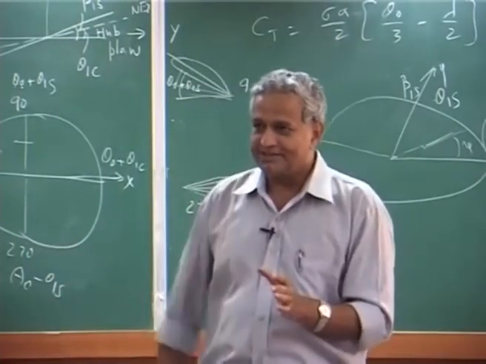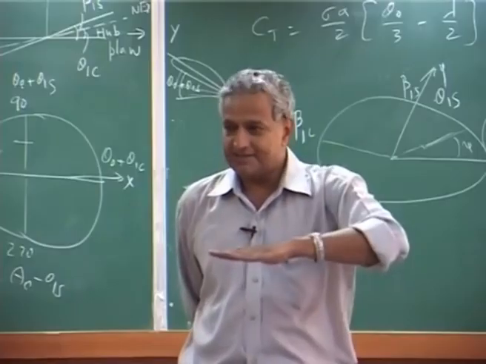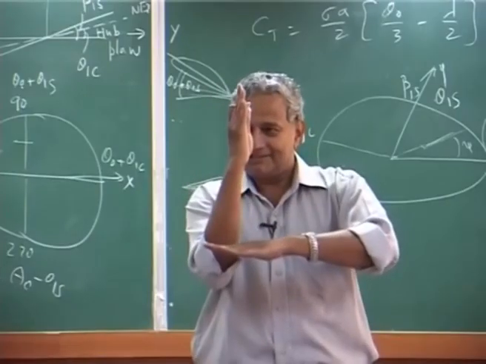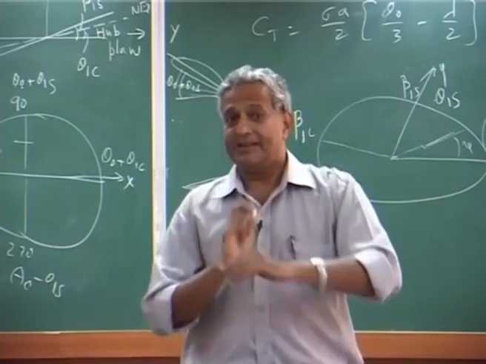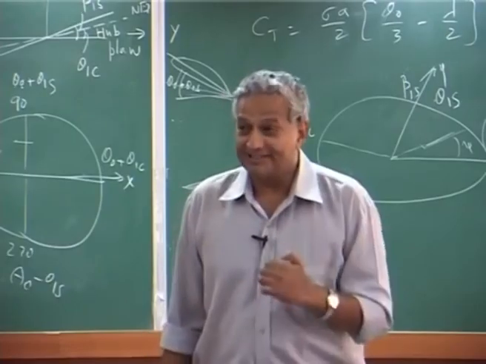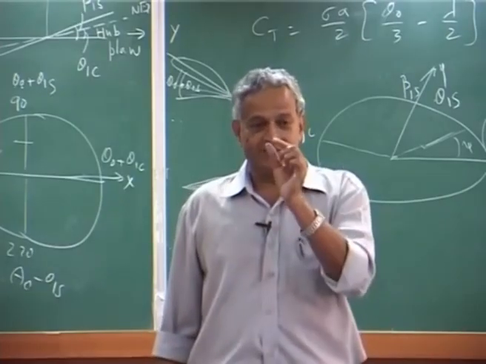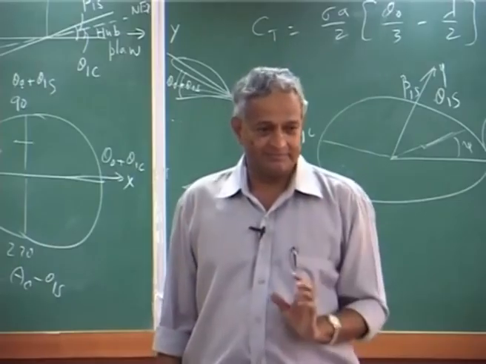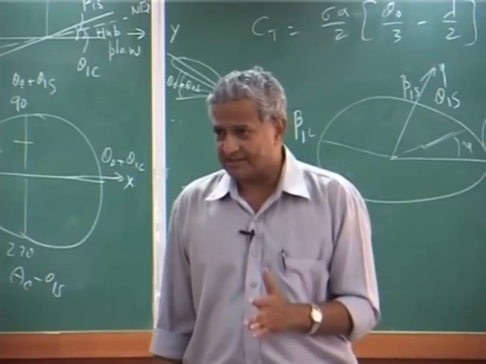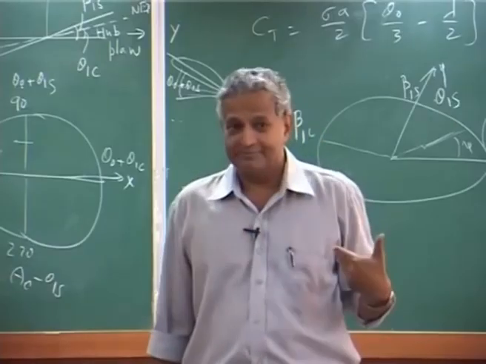Thrust, if you take it in the hub plane, in the sense you will get a horizontal component. That is why in hover, if the CG is right on shaft, if you give a cyclic, the helicopter will start moving.